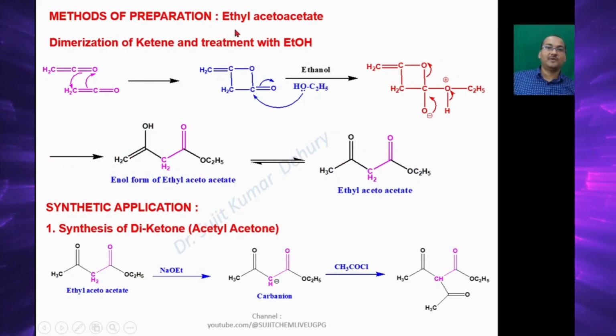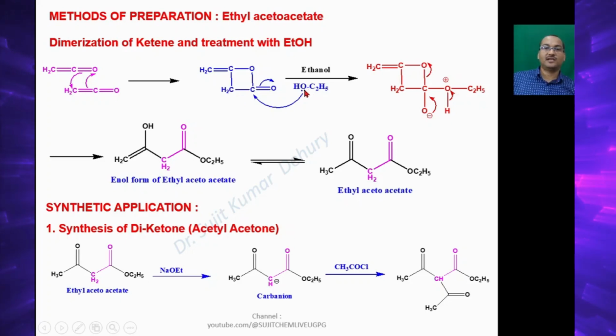Then another method of preparation of ethyl acetoacetate is dimerization of ketene and further treatment with ethanol. So this is the ketene, you react. This C double bond C will attack this oxygen, and this pi bond will attack this carbon. So you end up with this 4-membered cyclic compound, and further reaction with ethanol.